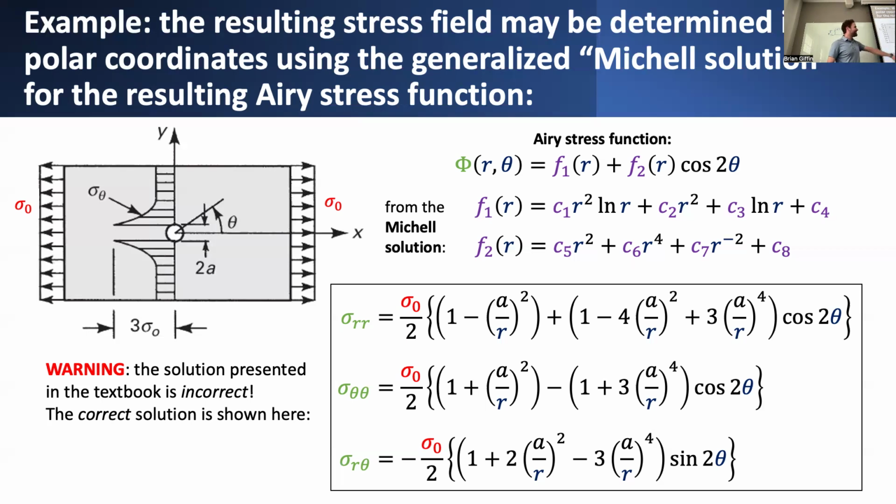If you ever wanted to figure out the actual stress distribution in this kind of plate with a circular hole and wanted to use the solution they gave you, it's actually wrong, so don't use that solution. Thankfully, none of the homework assignments or anything that we're doing depend on that particular expression, so you don't have to worry about it, but it is still worth noting that that's a small error.